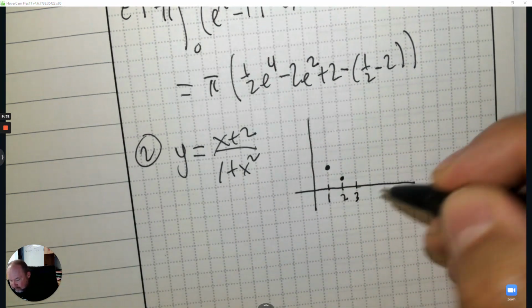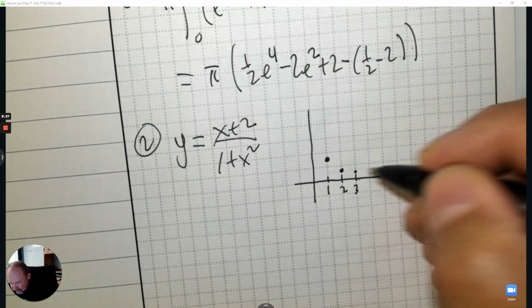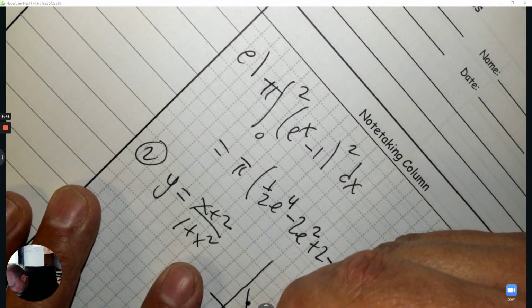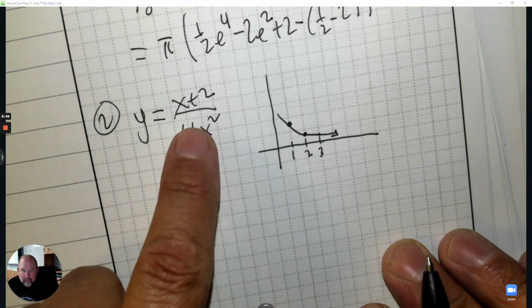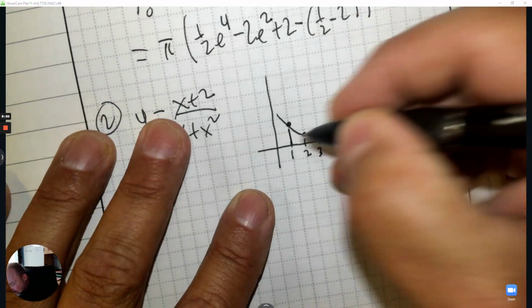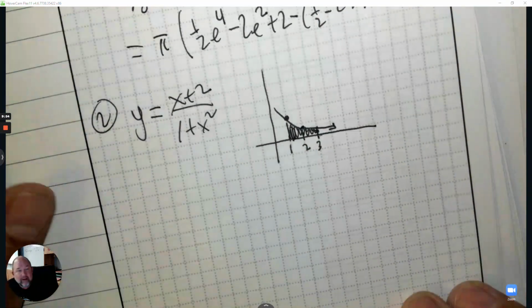And if I plug in 3, I get 5 over 10, which is a half. So it is decreasing, right, in terms of what's happening. The power term on the bottom is more powerful, so it's going to get closer and closer to 0, the end behavior. But this is what I'm integrating. This is the shape right here. So it's good to have a visual of what's happening.